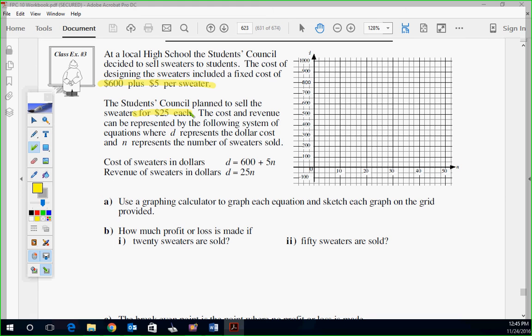Okay, so we're using the graphing calculator to graph each equation. Go ahead and put these in your y1 and y2. And then we're going to sketch them. I'll sketch them here. So 10 would be 50.